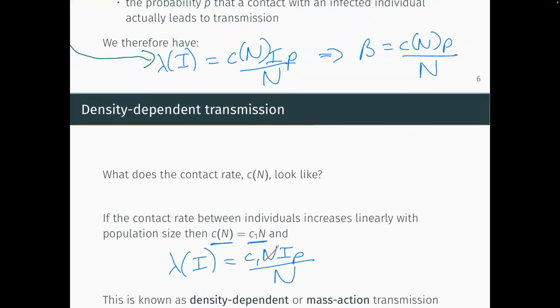These n's will then cancel. So we just get C1 times P times I. And therefore, our transmission rate beta is just the product of this per capita contact rate C1 and the probability of transmission P.